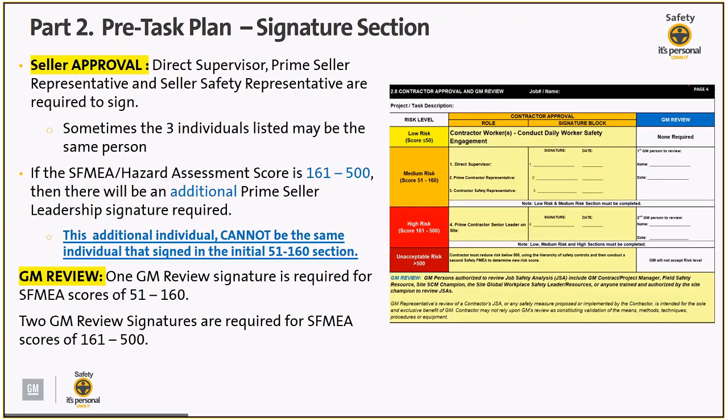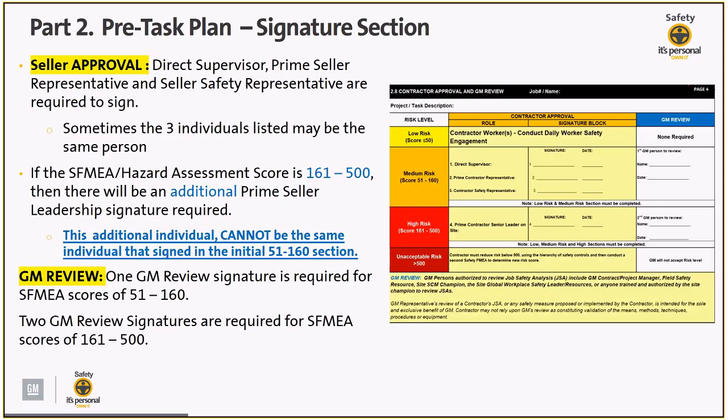For high risk, they should be using this pre-task plan template or a pre-approved pre-task plan template. And it should be a section on there for seller's approval, which includes direct supervisor, prime seller representative, and the seller safety representative. Depending on the size of the project, this individual may be the same person.